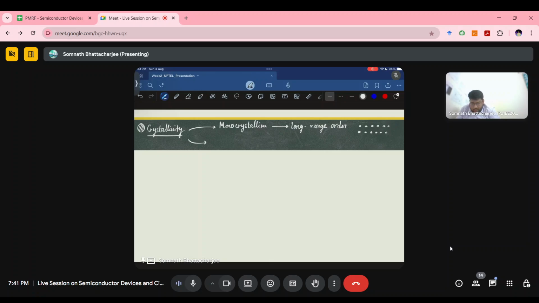Another one is the polycrystalline solids. There may be some long range orders, but these are limited, spaced in a very limited range, so we can say it is an intermediate range order.